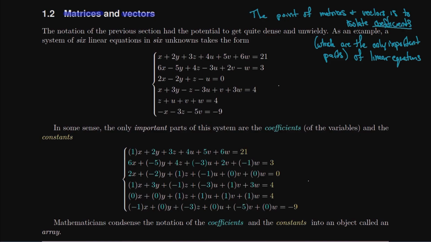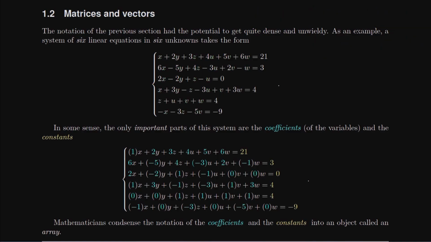Why are they the only important parts? Well, variables are kind of just assumed to be there. You would notice if I physically removed every single variable here and I just kept the spacing the same in this system, you would still retain the information that I currently have. I mean, maybe not completely. I would have to include spaces where there are zeros, which you see me adding below here. So you would have to include the zeros in front of some of the variables that maybe didn't appear up top.